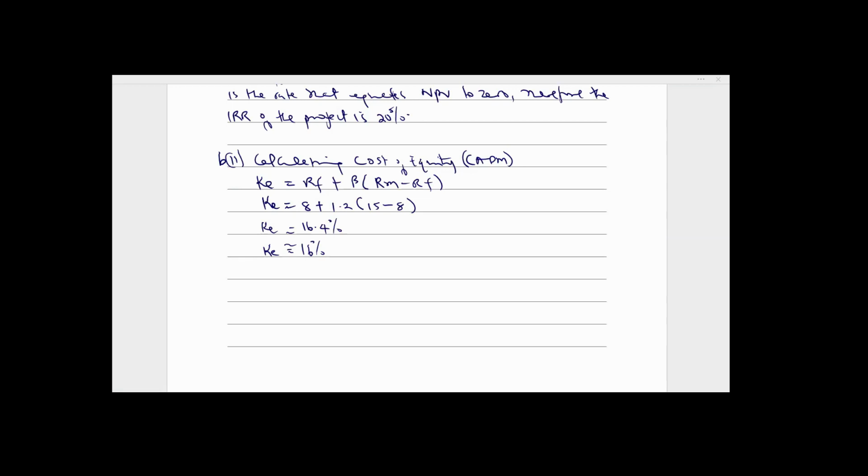So in this case, the examiner is asking us to calculate the sensitivity margin of tax liability. What are you supposed to do? Very simple. For you to calculate your sensitivity margin of tax liability, you need the NPV. It should be NPV divided by the present value of tax liability. So I need to calculate my tax liability first. Once I have my tax liability available, I will calculate the PV of the tax liability.